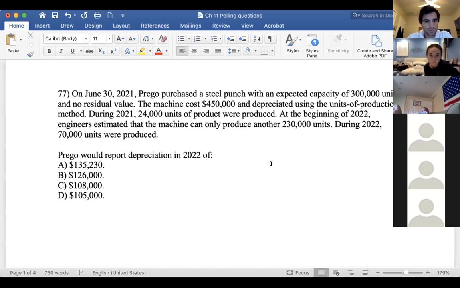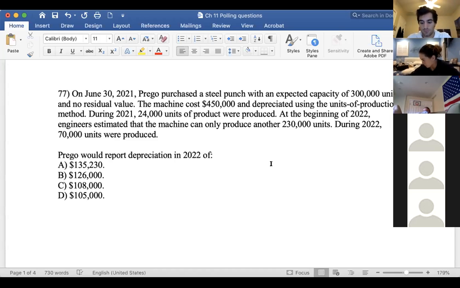So the balance in my accumulated depreciation as of the date of change was 36,000. So if the cost was 450,000 and accumulated depreciation was 36,000, then what is the book value as of the date of change?